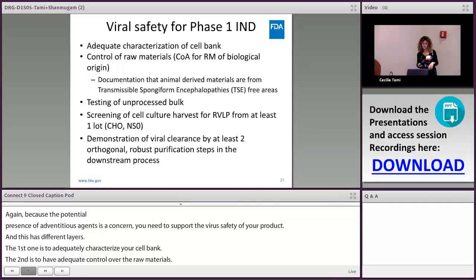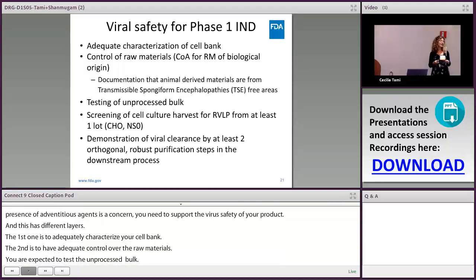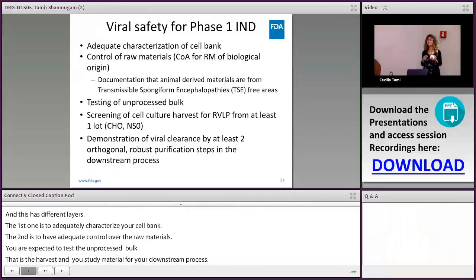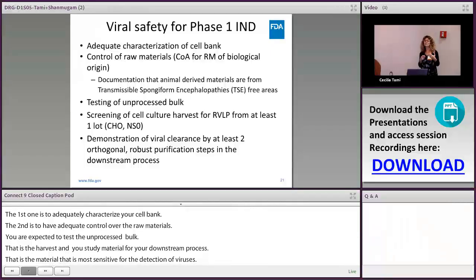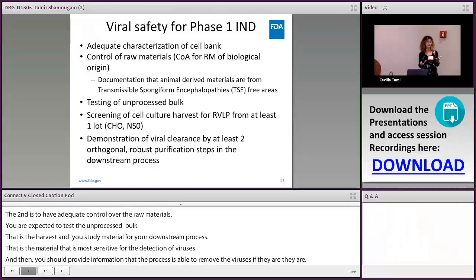And then you should provide information demonstrating that your manufacturing process is able to remove or inactivate viruses were they there. The expectation for a phase 1 IND is that there is information for at least two orthogonal steps in the manufacturing process for their capability to inactivate or remove viruses.